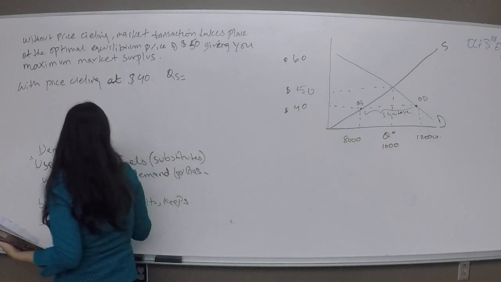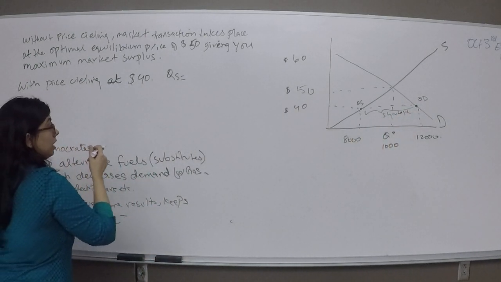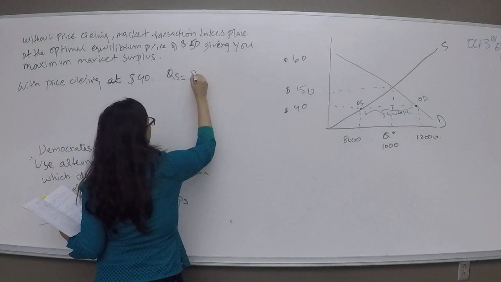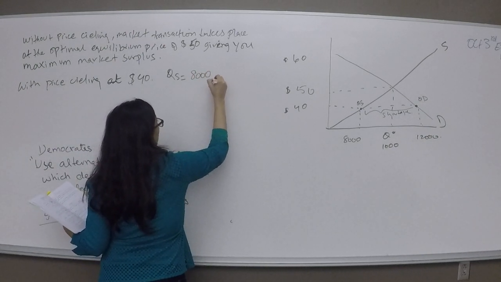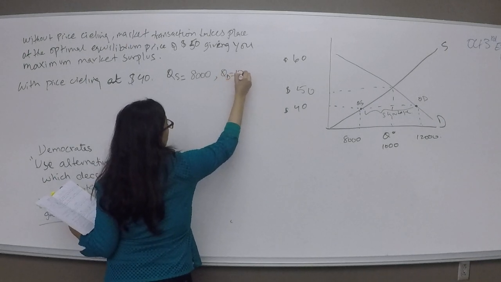So with price ceiling at $40, quantity supply is at 8,000 and quantity demand is at 12,000.